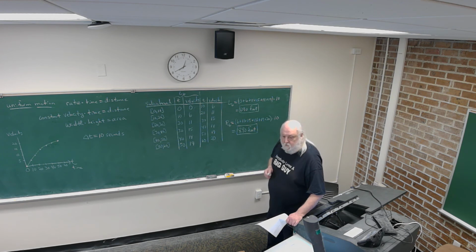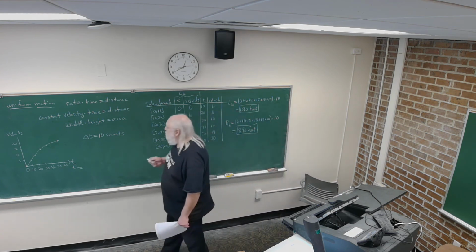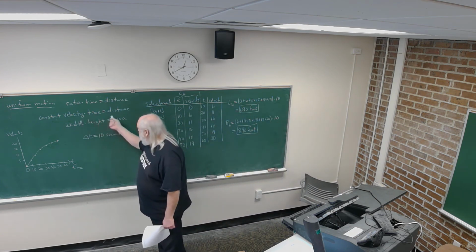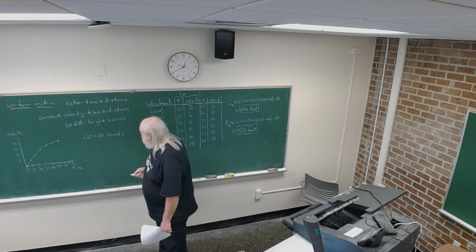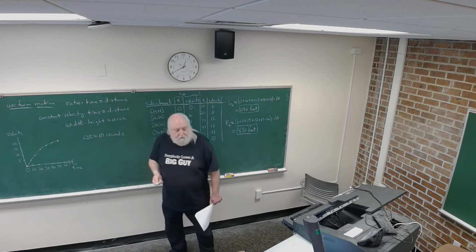It all kind of boils down to rectangles. Constant velocity times time equals distance is a lot like width times height equals area as a formula.